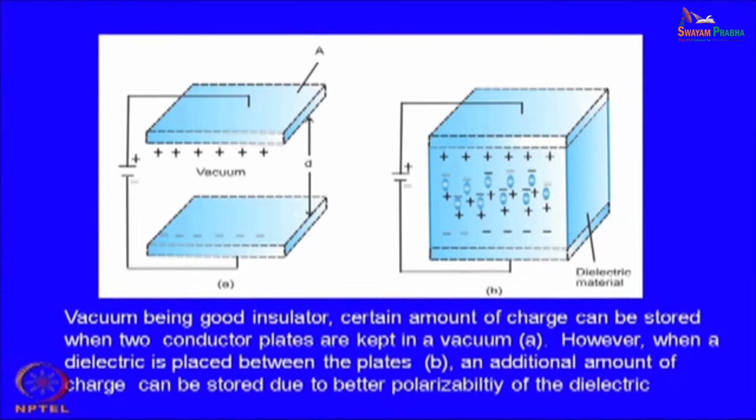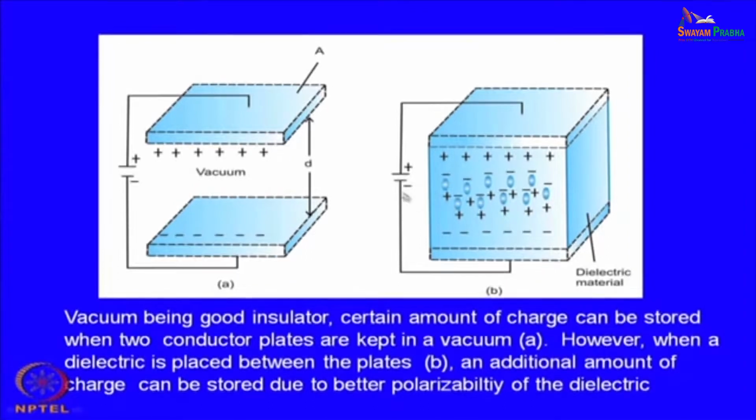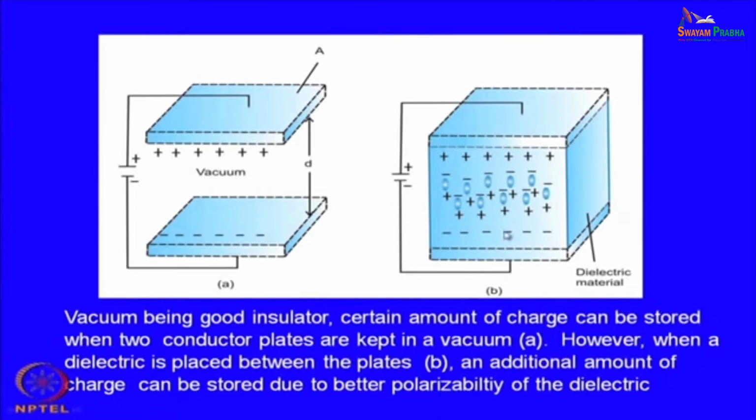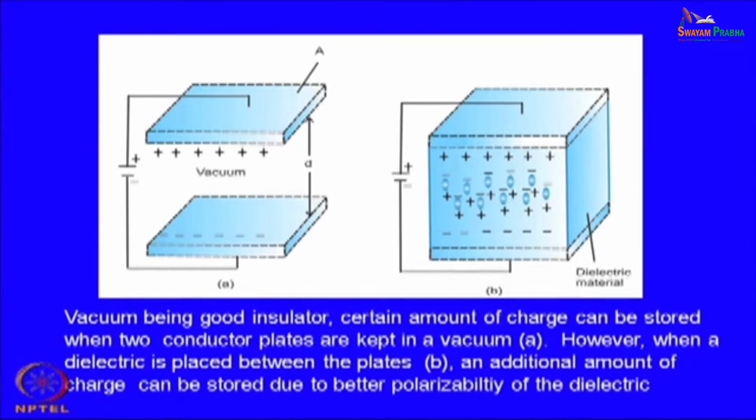All the insulators have a dielectric phenomenon, and that is what we are going to discuss here. There is an accumulation of charge, but there is also a redistribution of charge.